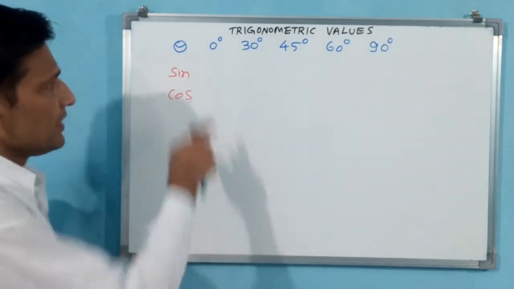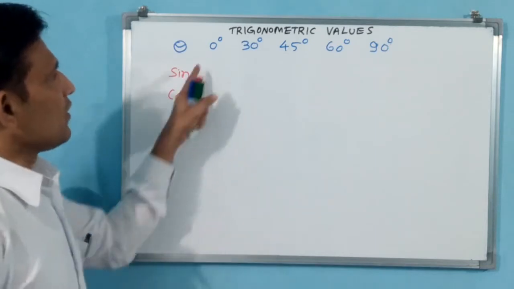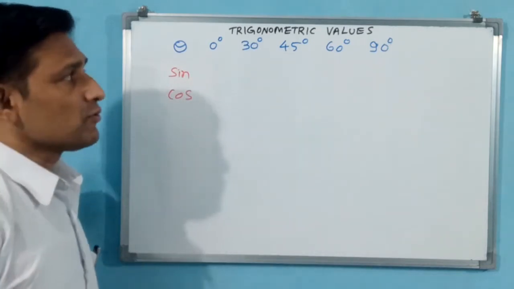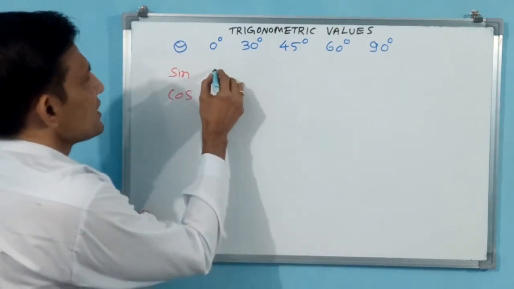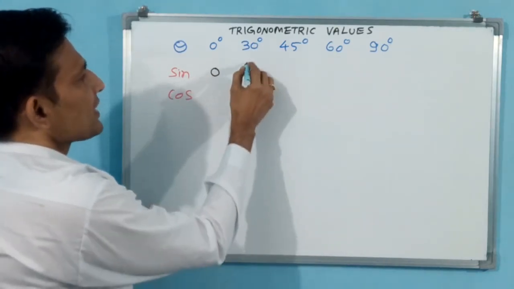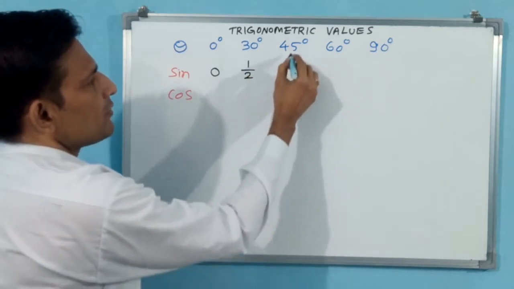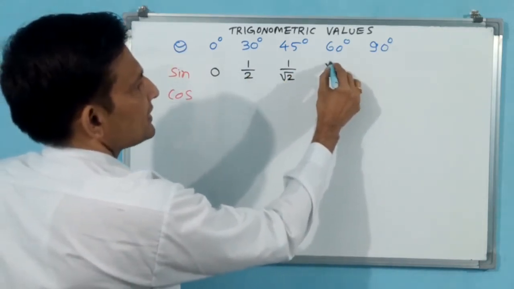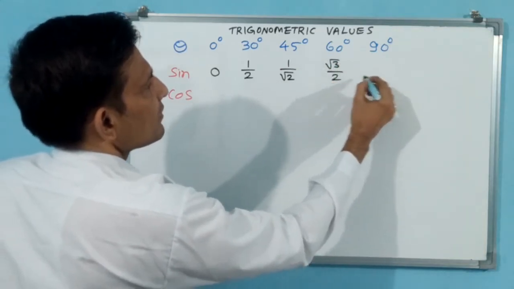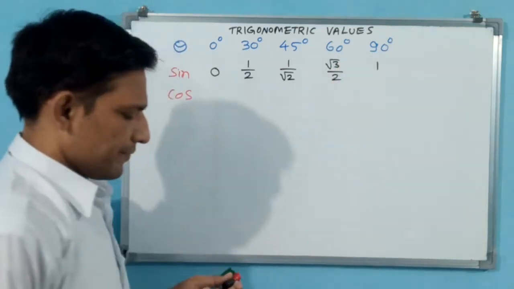Okay, now you see sin theta value, what will be there at 0 degree to 90 degree. Let us write first. Okay, you see at 0 degree the value will be 0. At 30 degree the value will be 1 by 2. At 45 degree the value will be 1 by root 2. At 60 degree, the value will be root 3 by 2. At 90 degree, it will be 1.